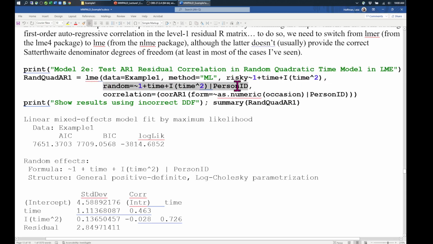The random component is defined like this, so the syntax is a little bit different, but it's similar enough that you can hopefully follow it. The new part then is this thing right here. That is allowing an autoregressive relationship among the residuals, such that the ones that are correlated 1 unit in time apart are correlated r, 2 units in time are r squared, 3 units in time are r cubed, and so forth.